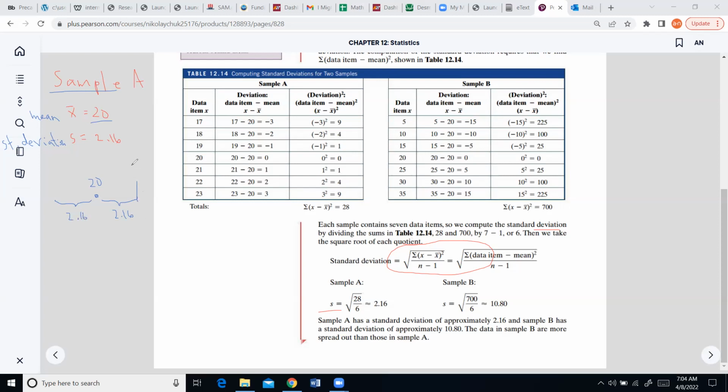So adding 20 with 2.16 is like 22.16. And if you subtract, when you go to the left side, you're going to get 17.84, something like that.